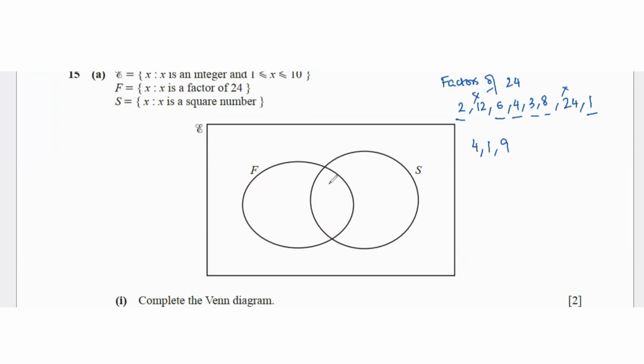So the intersection is firstly going to be 1 and 4 because these are the common elements. So for S, we're left with 9. And for F, we have 2, 6, 3, and 8.